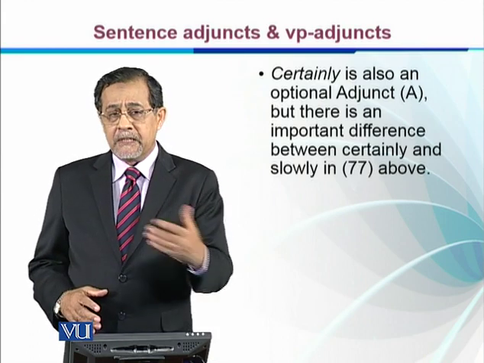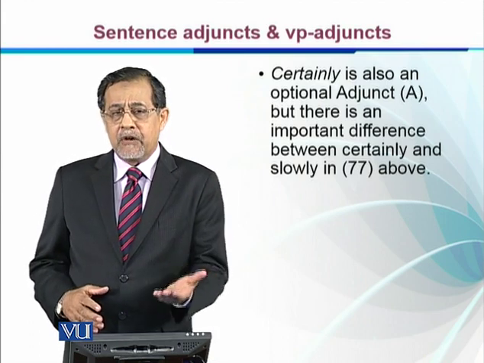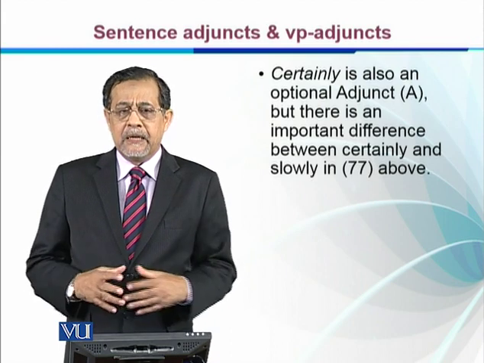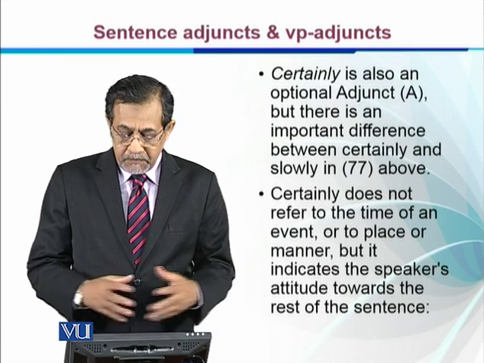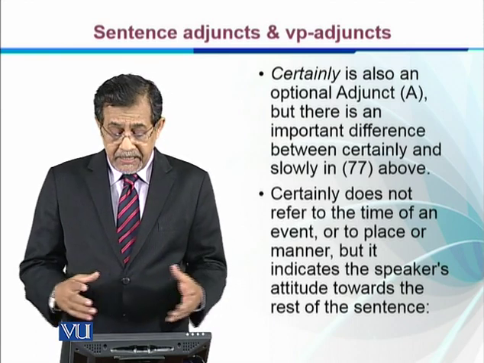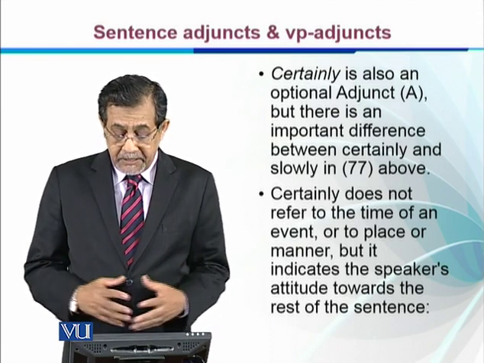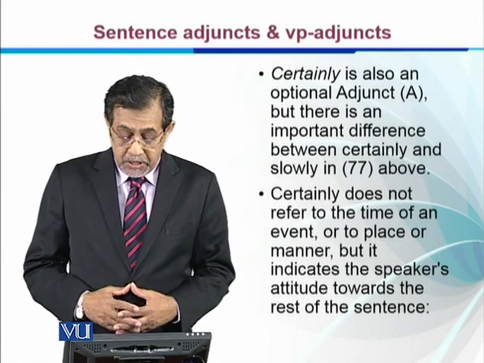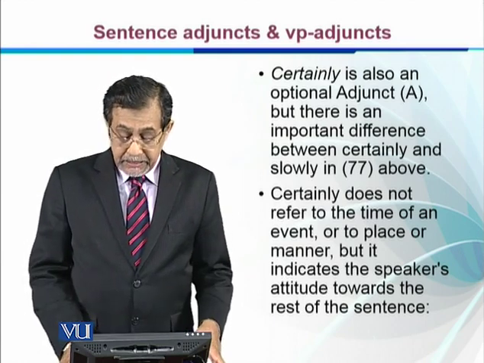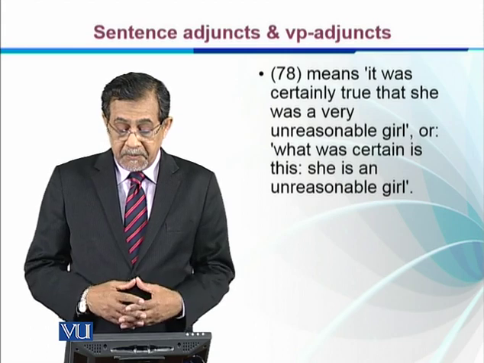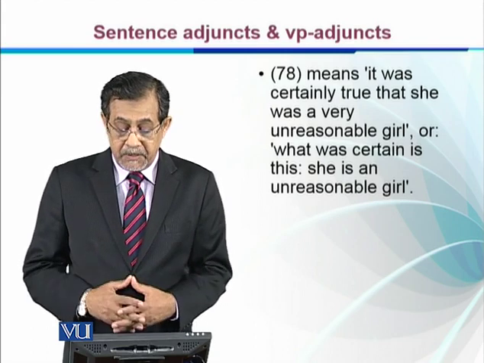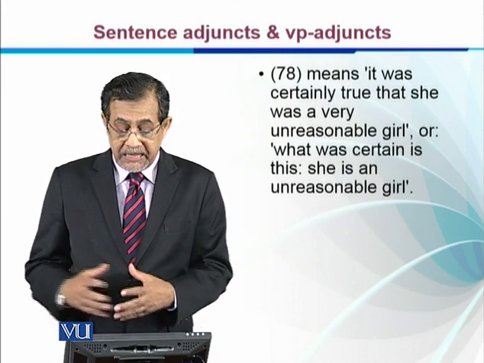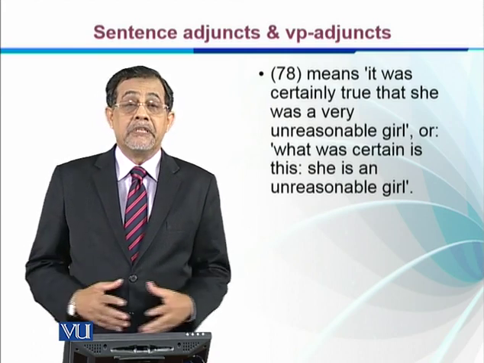Slowly modifies the verb phrase, walks how slowly, but certainly refers to the whole sentence. It does not refer to the time of any event or the place, but it indicates the speaker's attitude towards the rest of the sentence. So 78 means it was certainly true that she was a very unreasonable girl, or what was certain is that she is an unreasonable girl.